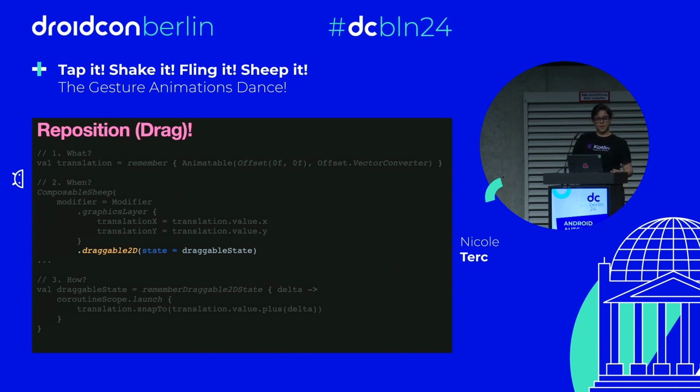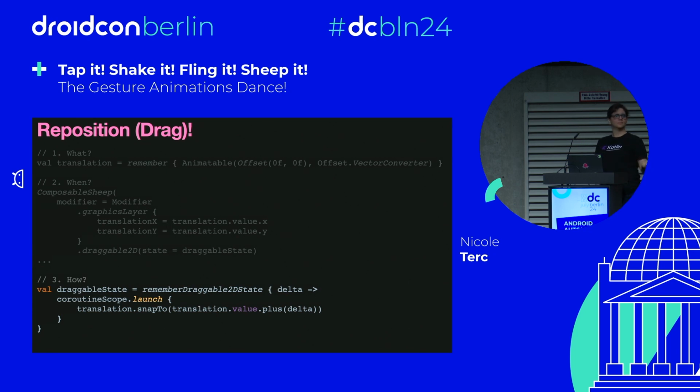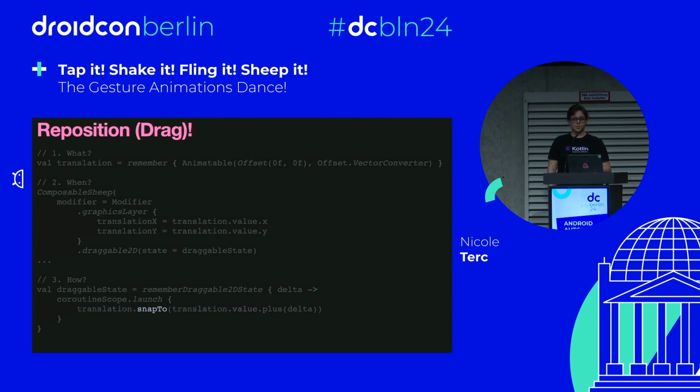The only thing we need to pass is a draggable state. Now this draggable state is going to contain a lambda that is going to react to each dragging update in your composable, which in our case translates to basically updating translation to this new value. Important thing here is that instead of using animate to, I am using snap to.